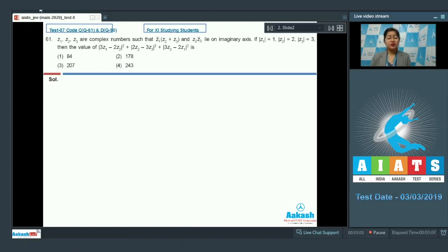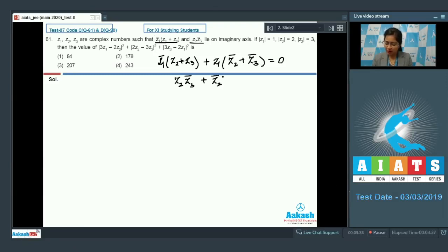Now, the first condition gives us that these complex numbers have real part 0. So, we can say that Z1 bar into (Z2 plus Z3) plus Z1 into (Z2 bar plus Z3 bar) is equal to 0. Similarly, Z2 Z3 bar plus Z2 bar into Z3 is equal to 0.